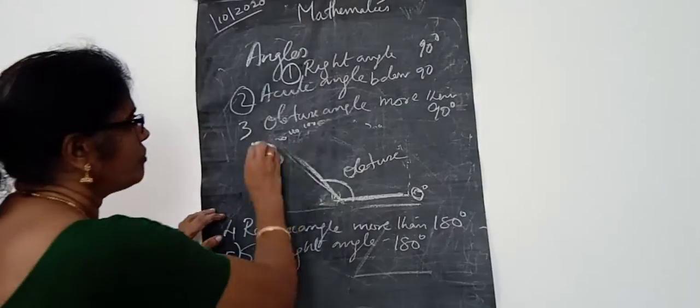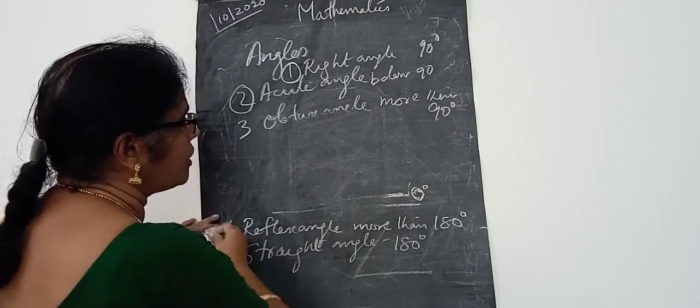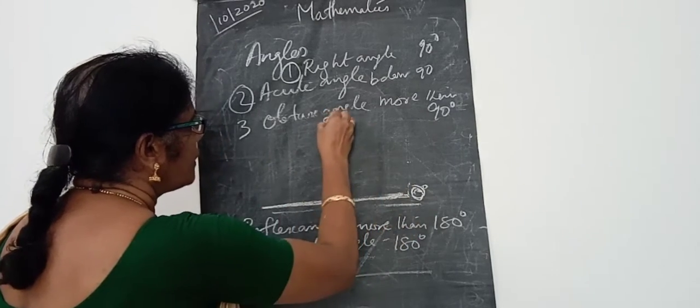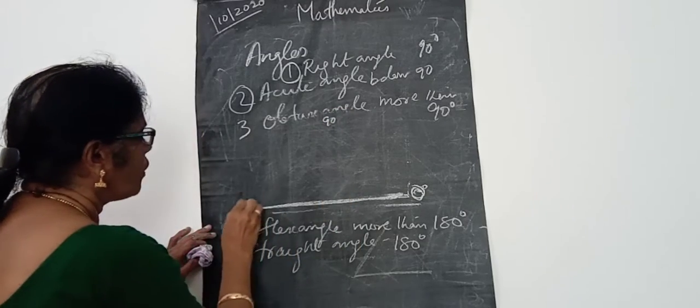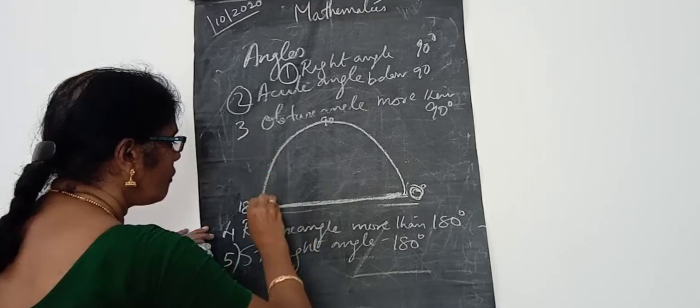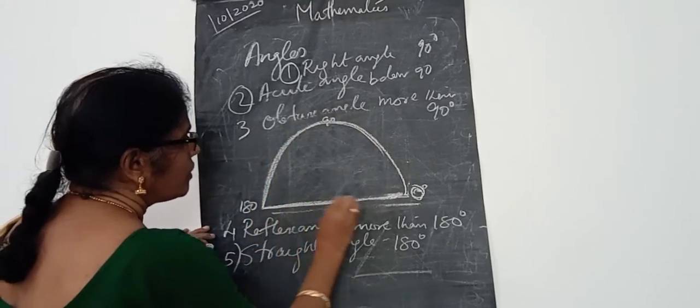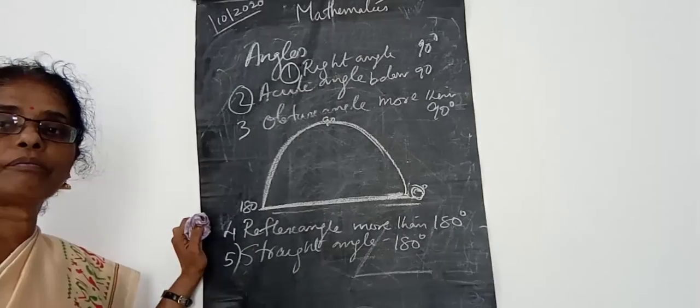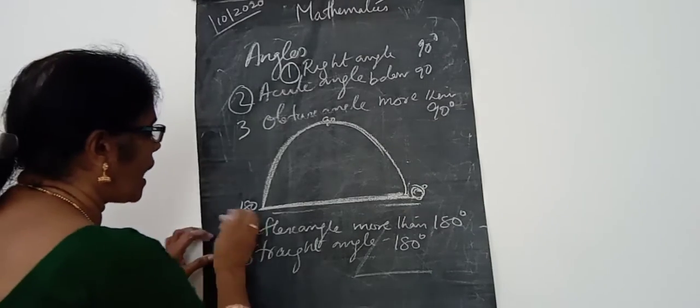And here, look here. 0 degree starting from here. This one is the 0 degree, and here 90 degrees, and here 180 degrees. So from 0 to 180, this straight line is the 180 degree angle.